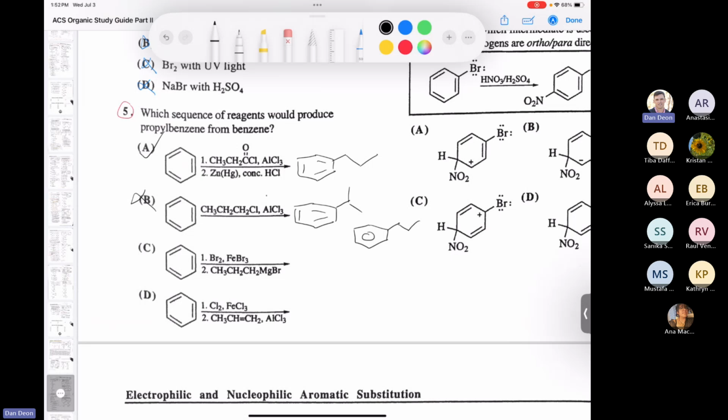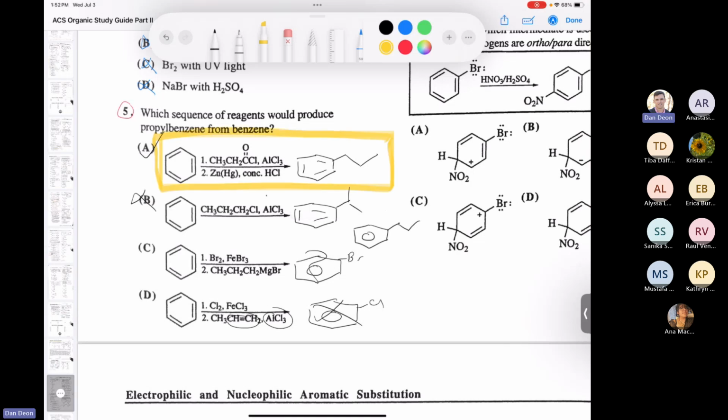The next one, you would do a bromination in the first step, and then you would treat it with propyl magnesium bromide. I don't even know what that would do. The next one is you'd make chlorobenzene, and then you would treat it with this alkene and Friedel-Crafts. That's not going to do anything either. Okay, so A is the only one that is only going to make propylbenzene.